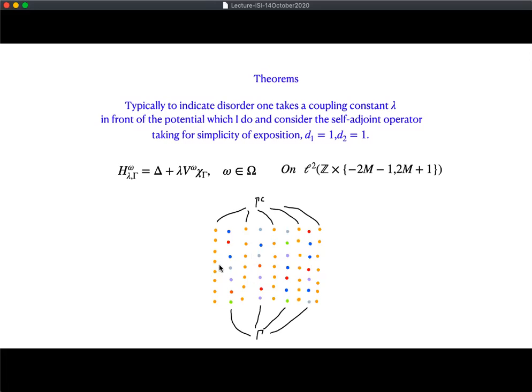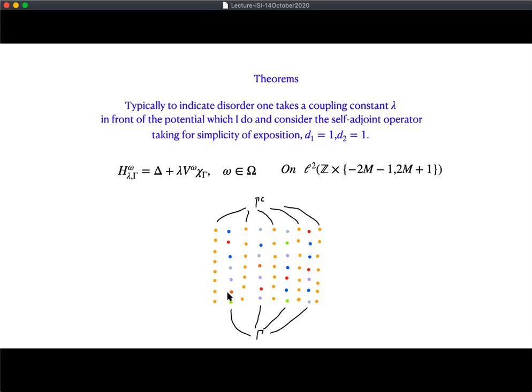So for the rest of the talk, let me consider a two-dimensional lattice, and I'm going to look at gamma to be this, where there are colored dots, and the brown dots are gamma complement. So gamma complement does not support V, so V is 0 on these lines, and V is non-zero here.